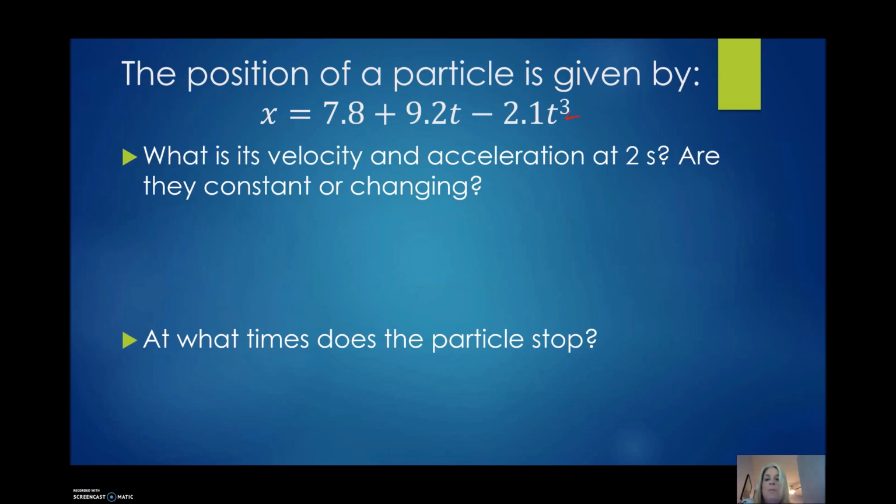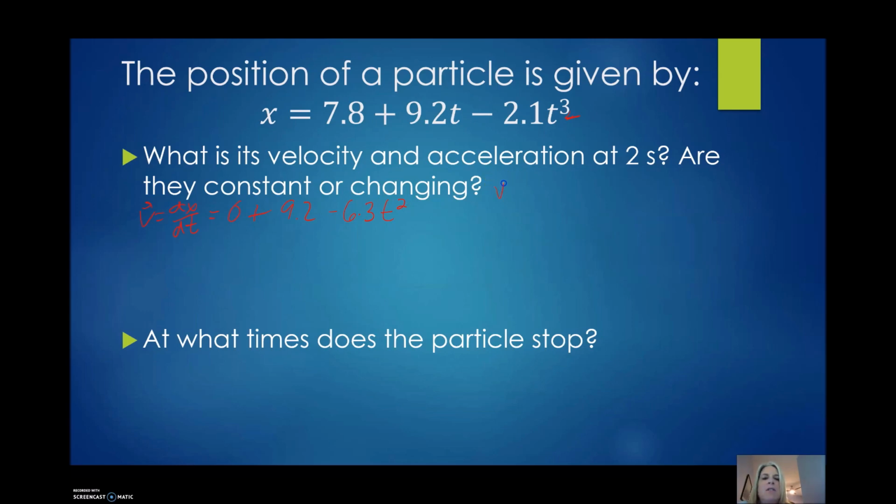So first thing we want to do is take the derivative of this. Velocity is the derivative of position with respect to time, so dx over dt. So that would be a 0. This would be just 9.2. And then we bring the 3 in front. 3 times negative 2.1 would be 6.3 t squared. So there is our derivative of that equation.